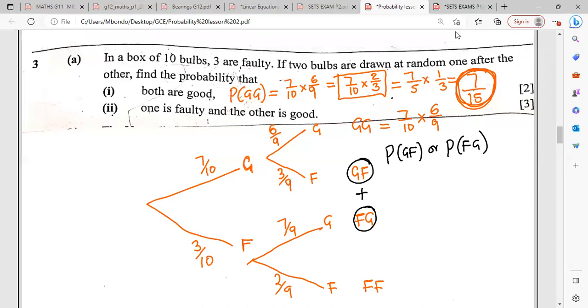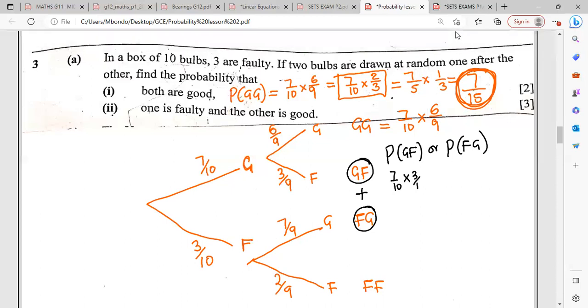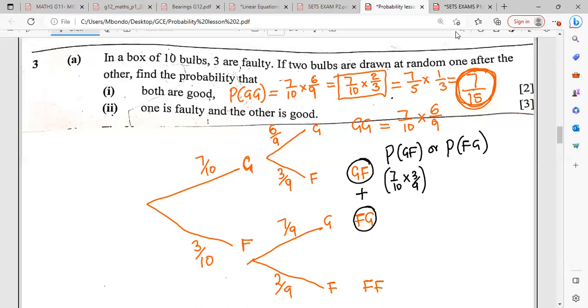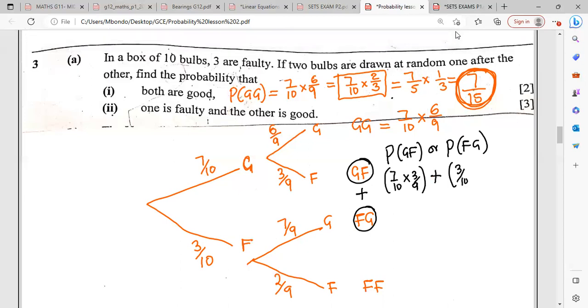So where did we come from when we got this? This is 7 over 10, and then we got 3 over 9 here. Usually in probability when you've got an OR here, we just add. Then we'll have 3 over 10 multiplied by 7 over 9.